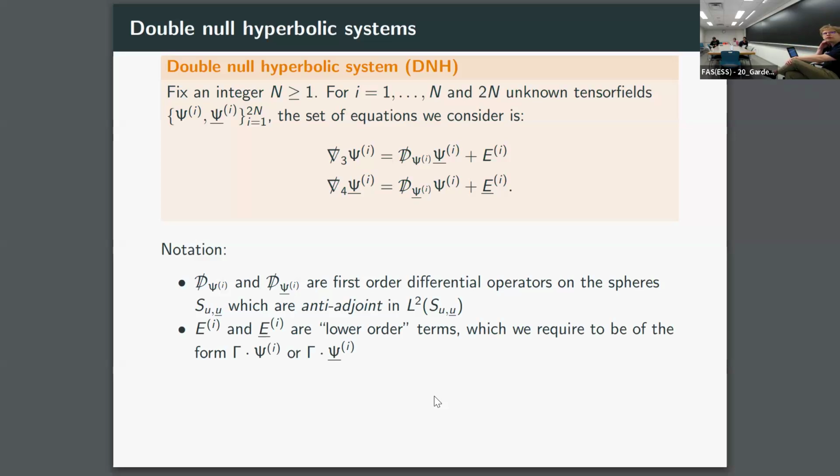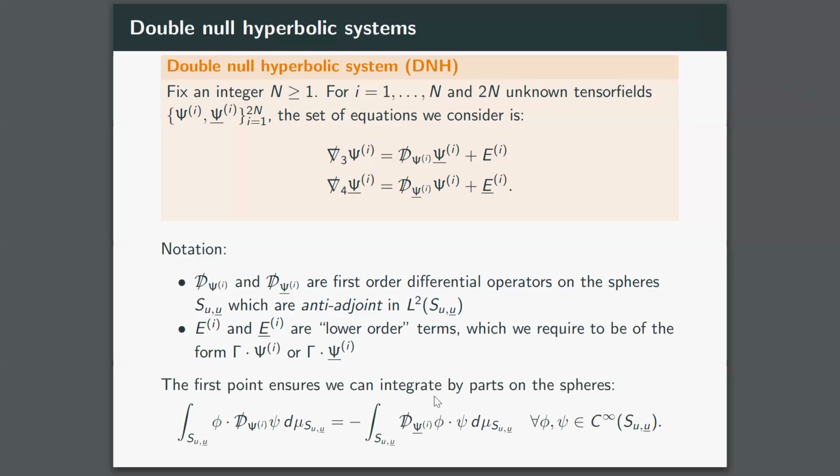I'm going to require them to be of the form Christoffel symbol times unknown, which is exactly what they are in the Bianchi equations for the spacetime. And again, just like before, this first point ensures that we can integrate by parts on each sphere. Right, I can throw this d psi over to the other function. It changes to a minus d psi bar.